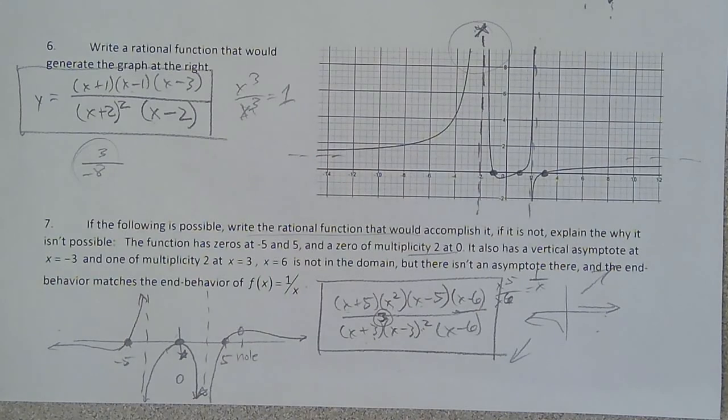My asymptotes are at x equals 3 and x equals negative 3. So I think that pretty much matches the description, and it required that the x plus 3, this asymptote, have a cube on it. All right, that is it for that one.